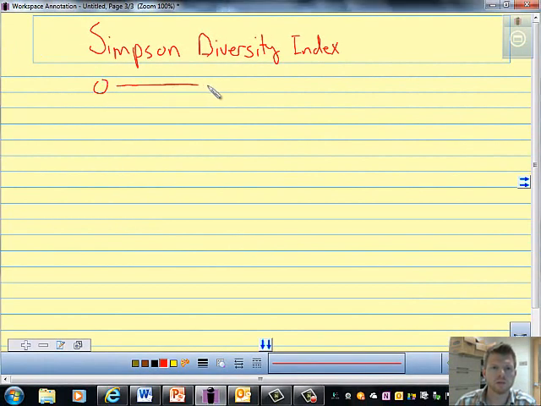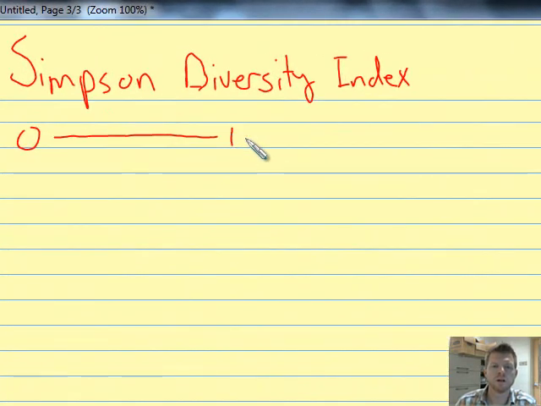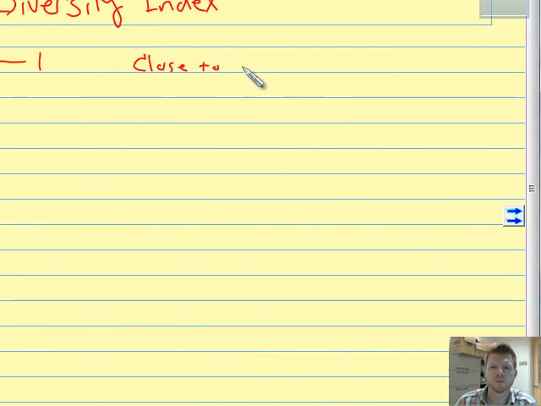It's going to end up being between 0 and 1. Close to 0, that's going to be no diversity.